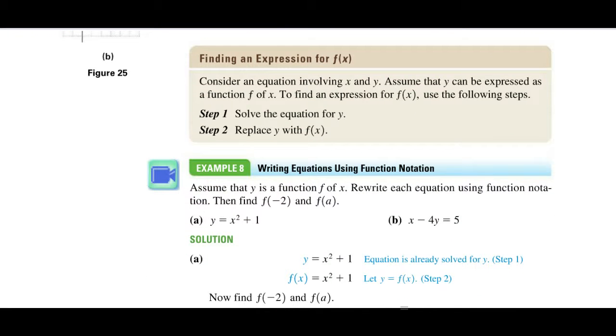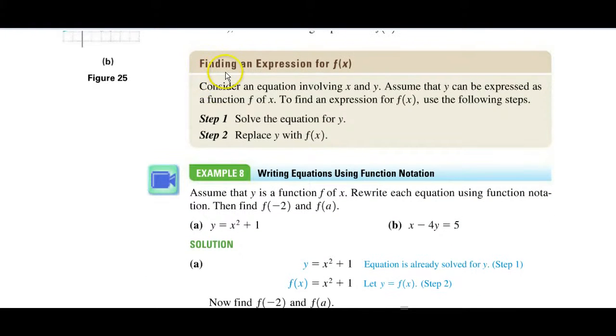Let's take a look at this. Well, here they're just asking us to find an expression using our function symbol. So the key is you solve the equation for y and then replace the y with the function symbol. So this one's pretty easy because the y is already there.